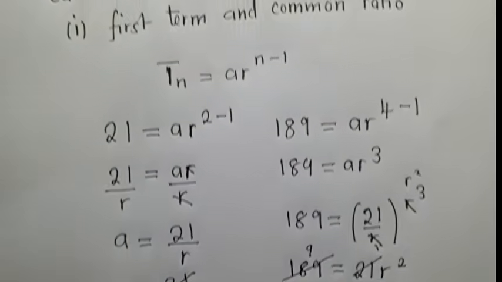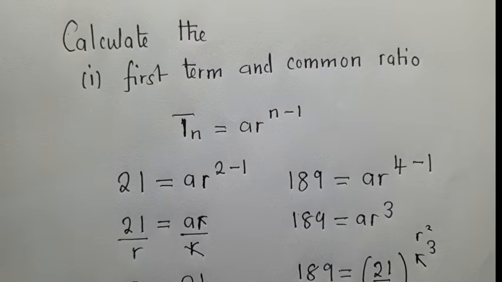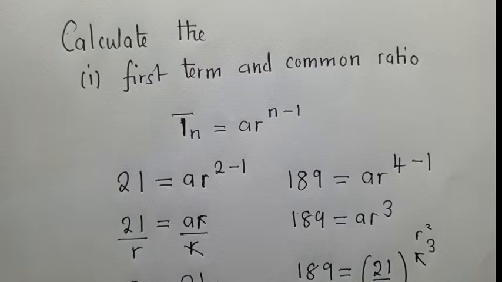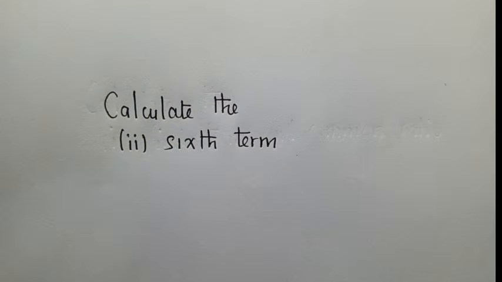where they said calculate the first term and common ratio. So we now go to the next question, where we need to calculate the sixth term. How do we find the sixth term?